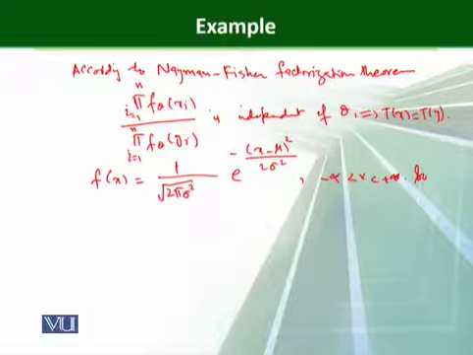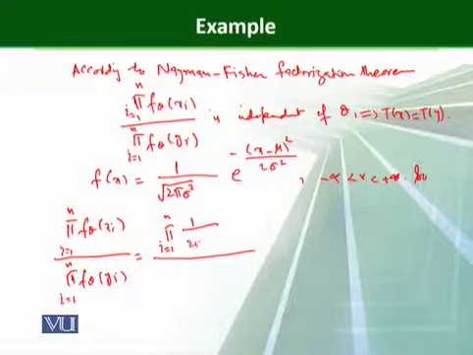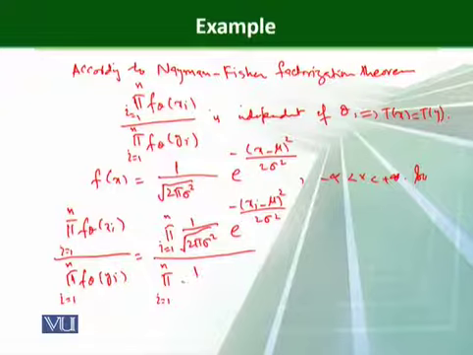So using the Neyman-Fisher factorization criteria, which I write here, that is the product over i from 1 to n of f_theta(xi) divided by the product over i from 1 to n of f_theta(yi), and that is equal to the product over i from 1 to n of 1 over the square root of 2 pi sigma square into e raised to the power minus (xi minus mu) whole square over 2 sigma square, divided by the product over i from 1 to n of 1 over the square root of 2 pi sigma square into e raised to the power minus (yi minus mu) whole square over 2 sigma square.